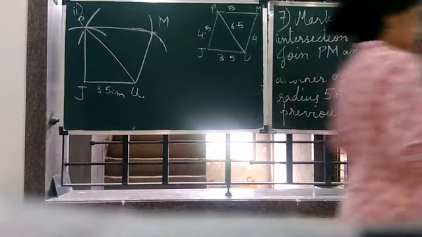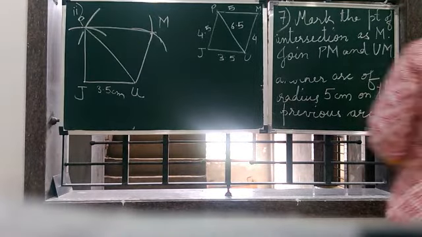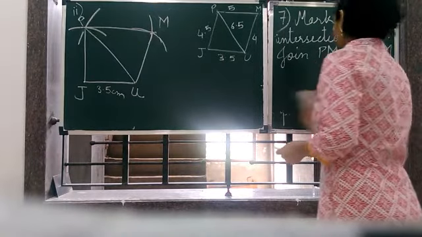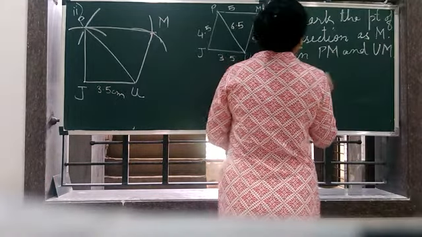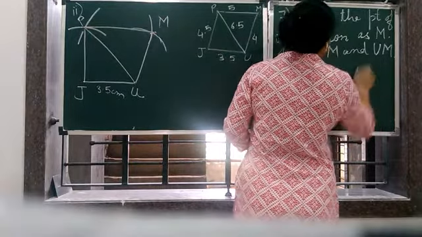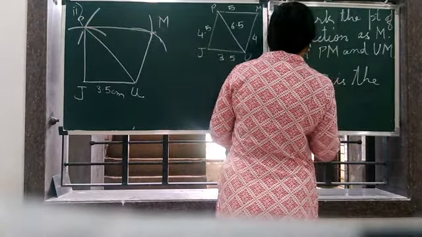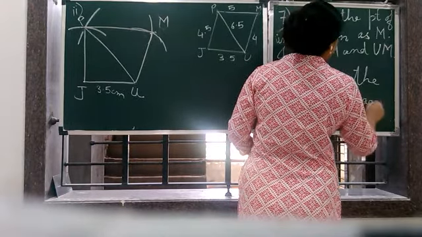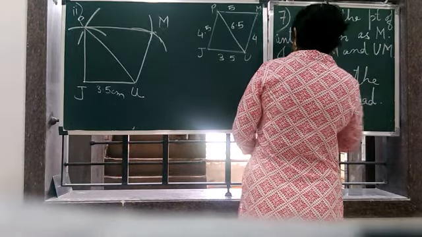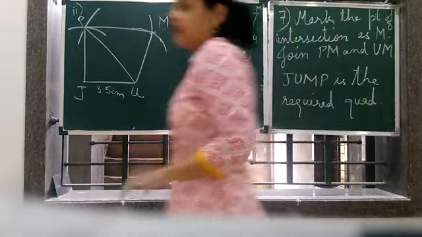JUMP is the required quadrilateral. Like when we prove a theorem, in the end we write hence proved.